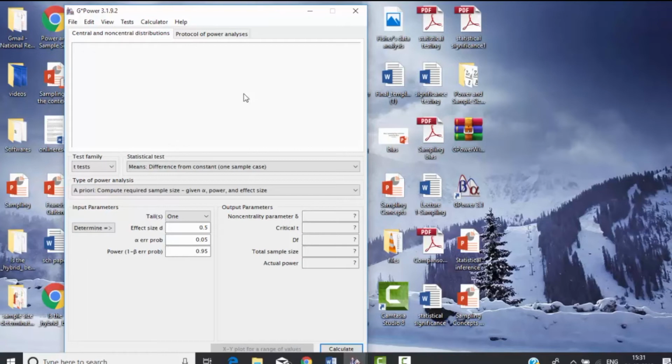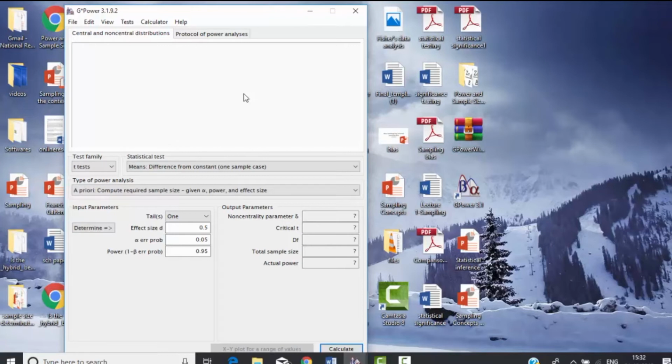Our objective is to find out how many number of samples we can really take in order to have an alpha error probability of 0.05, or the probability of making type 1 error should be restricted to 0.05.